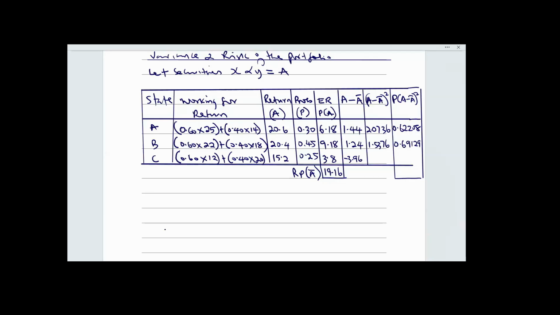So minus 3.96 squared is 15.6816. There is no minus there. 15.6816 multiplied by a probability of 0.25 is 3.9204. So add it up. What do you have there?